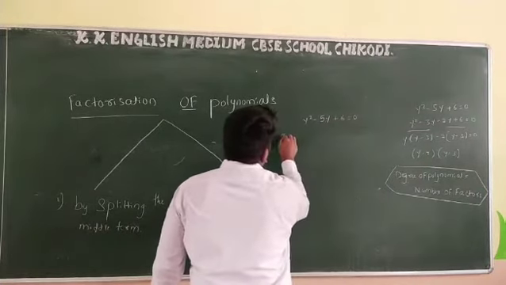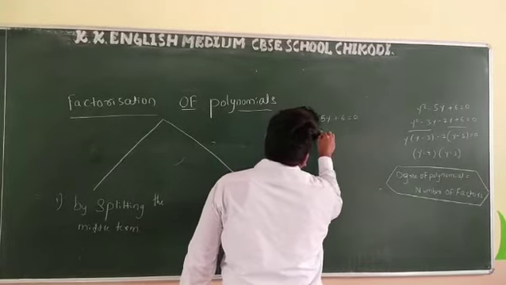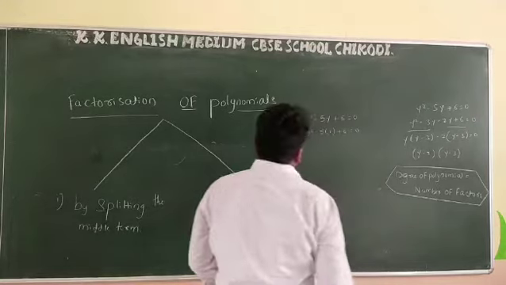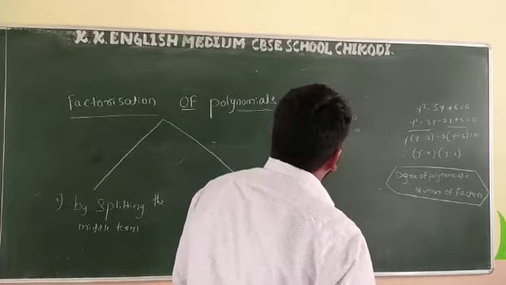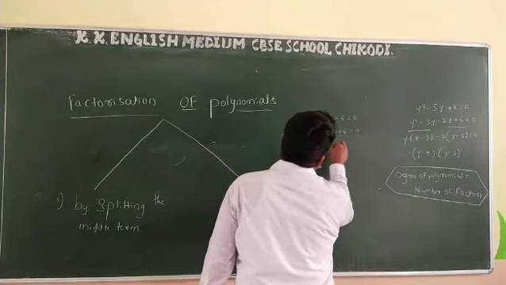First I will choose 1, p of 1, that is 1 square minus 5 of 1 plus 6. So p of y is y square minus 5y plus 6.